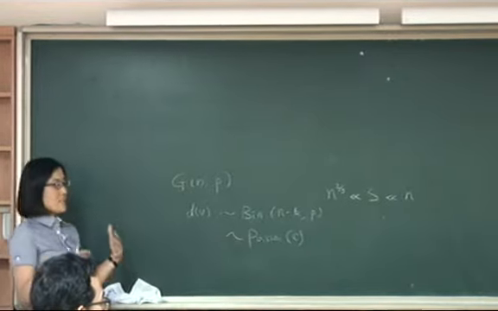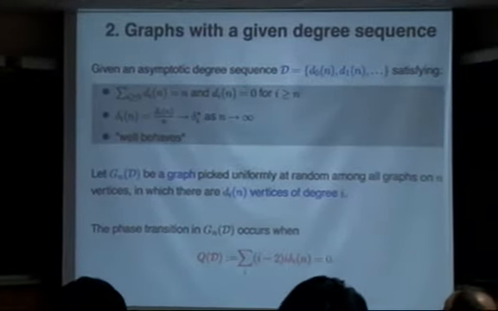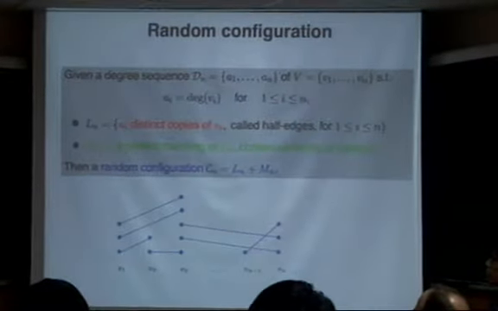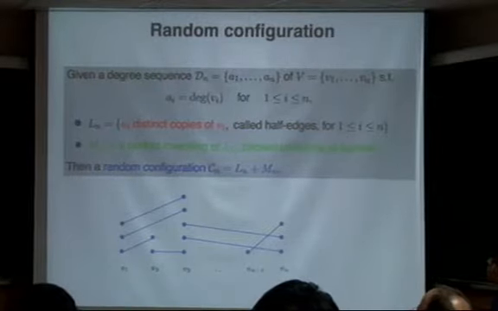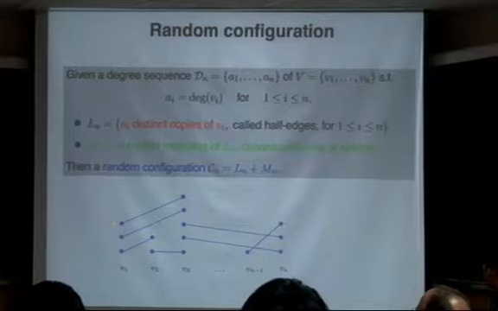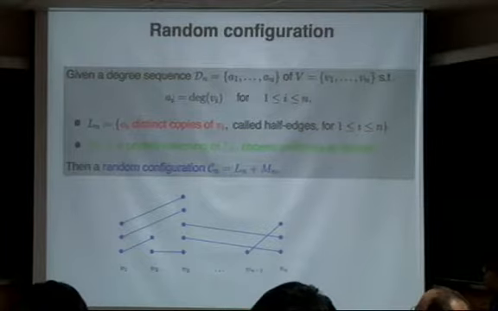So to realize this kind of very simple observation or definition of the random graph, we use the so-called random configuration model, where we clone each vertex according to its degree. So if the degree of vertex v_1 is 3, then we clone it 3 times, and so on.